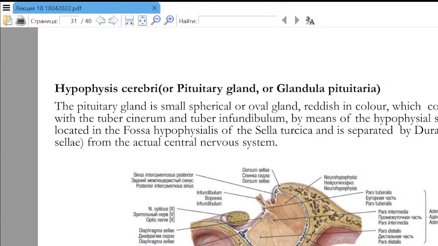You see fossa hypophysealis, you see sella turcica, and it is separated by dura mater, the diaphragma sellae, from the actual central nervous system. This is sella turcica. This is hypophysis.